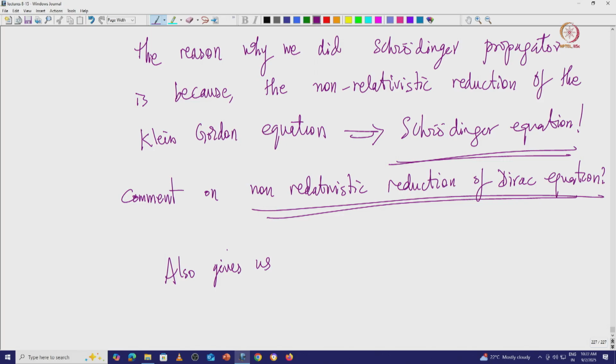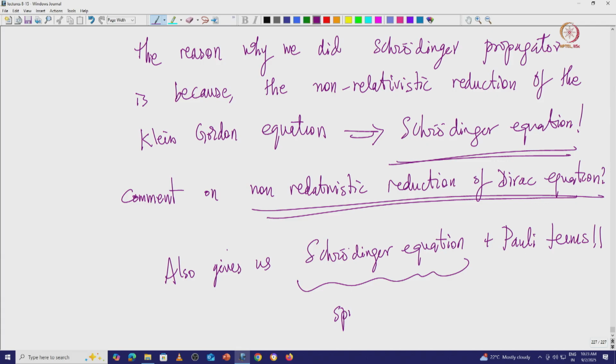It gives you the Schrodinger equation, plus Pauli terms. I think I mentioned it when we were doing the Dirac equation, to show that the spin is determined, because the non-relativistic reduction gives you the Schrodinger equation, which is nothing but for spinless particles.